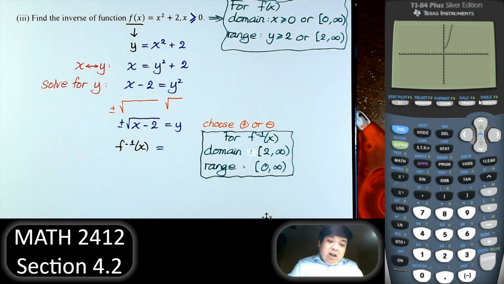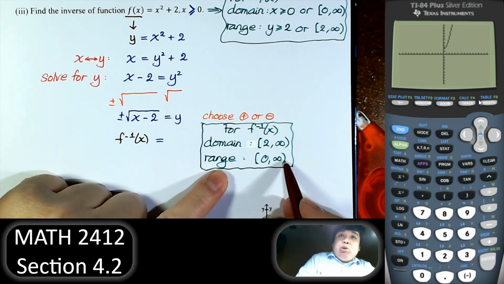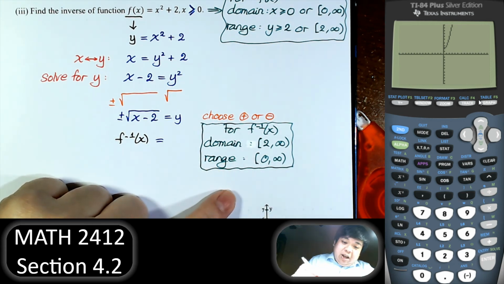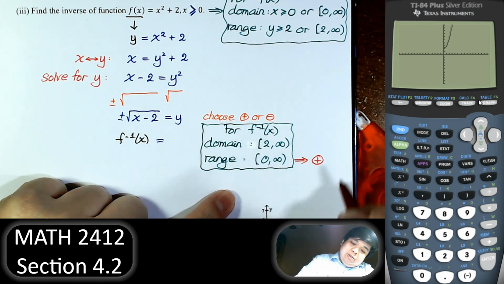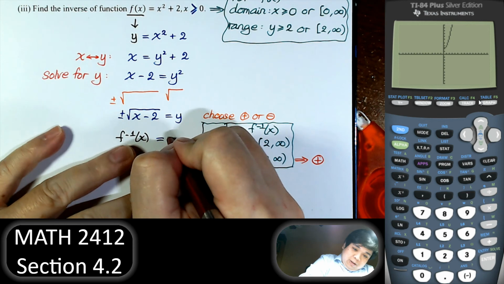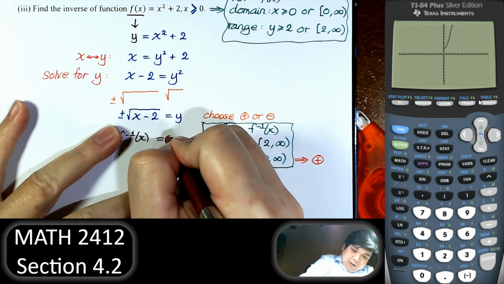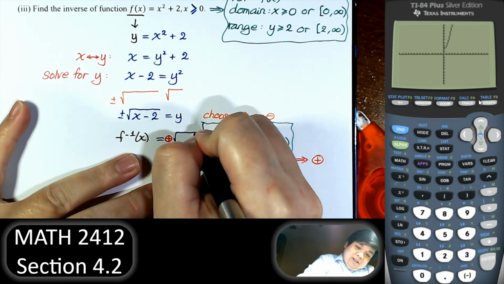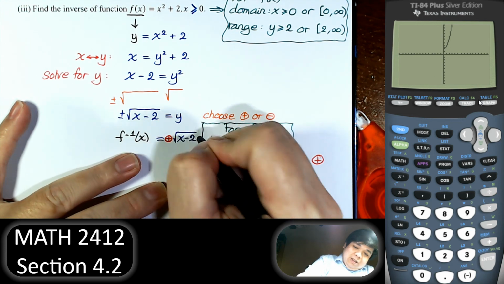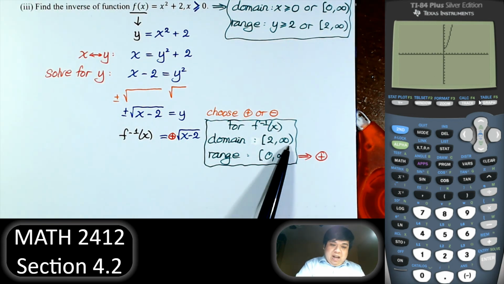In which case the range is from 0 to infinity. Because of that, it has to be positive. It cannot be the negative. Of course, the domain will be that, which is perfect.